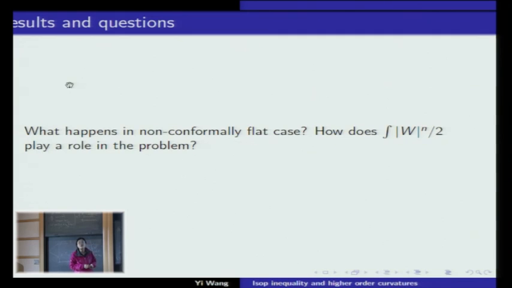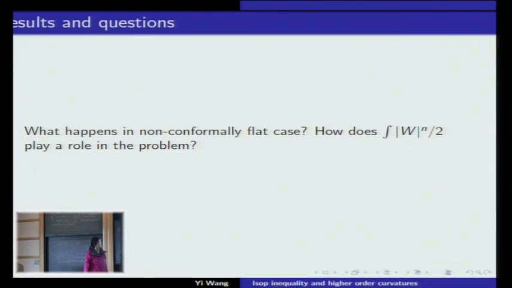Okay, so let me finish by talking about related questions that I'm still thinking about and hoping to deal with. The general question that I want to ask is what happens in the non-conformally flat case, and over there, at least in 4 dimensions, you will see some extra term which is the Weyl squared. So there's a typo here. This should be Weyl to the n over 2.